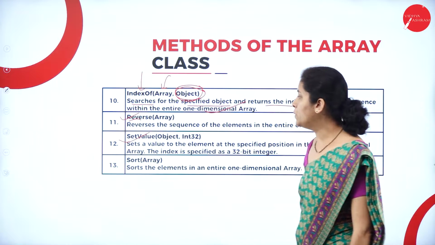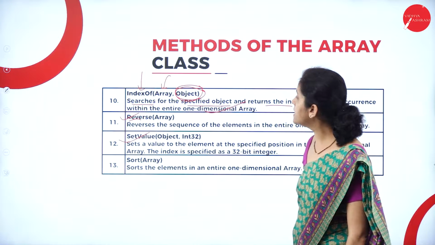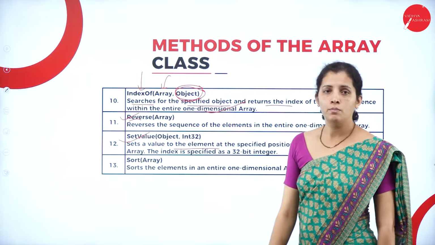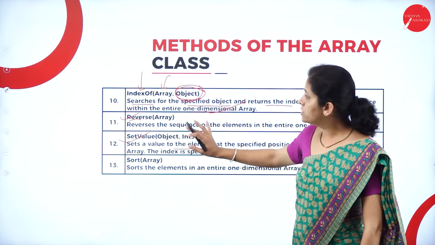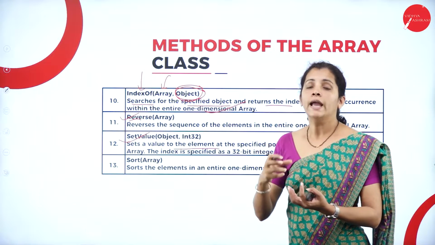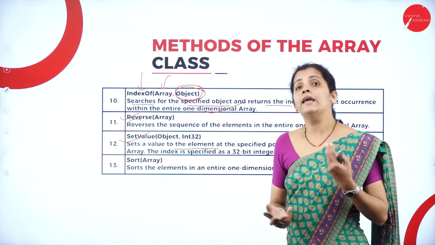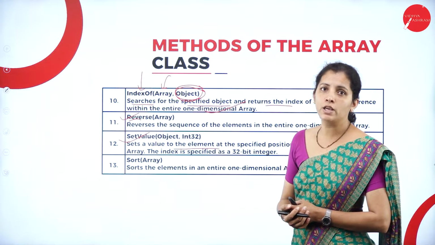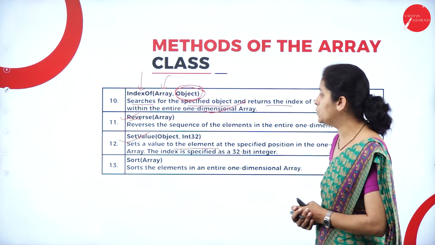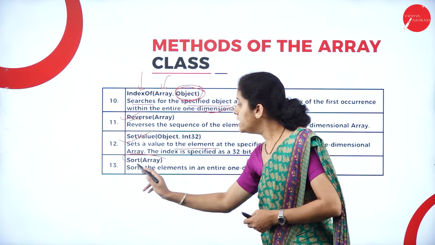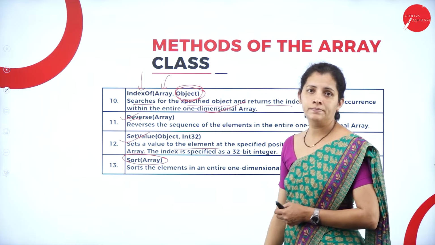SetValue. Suppose I want to set the value of the element at the specified position. So, dear student, if I want to insert any new element into the existing array, then that can be achieved by using SetValue. Sort. So what is the need of Sort?